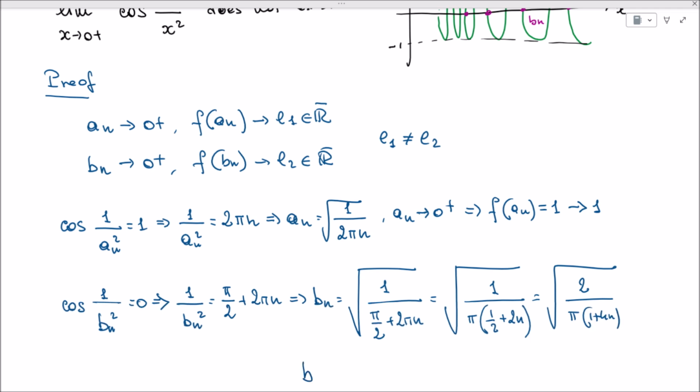And we see that also bn tends to 0 plus, but we have the f of bn now. This is constantly equal to 0, so clearly tends to 0. And this concludes the proof.